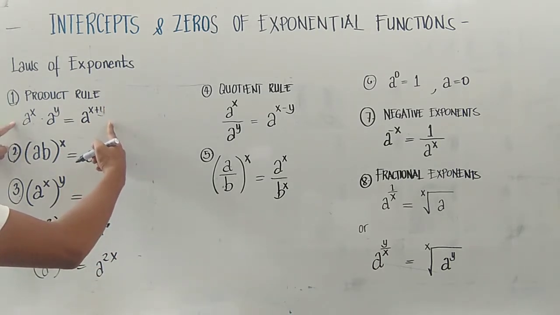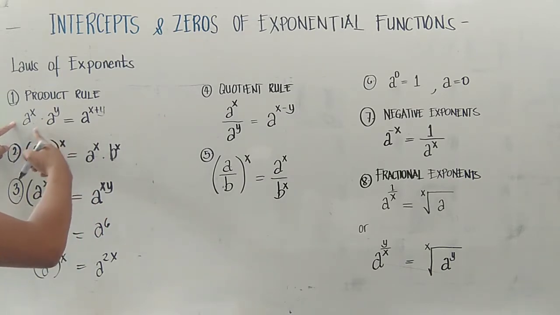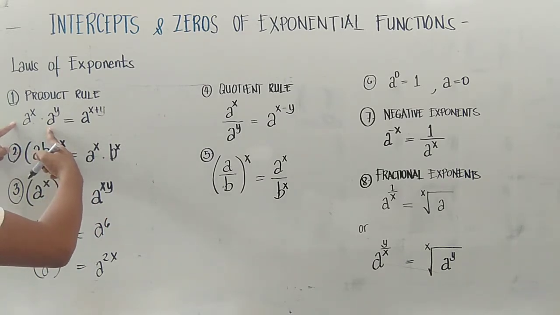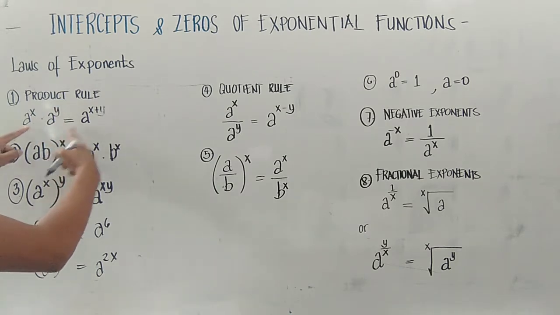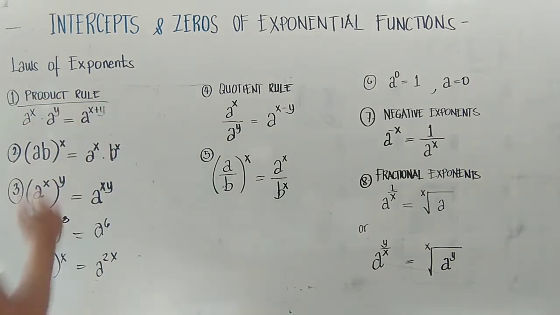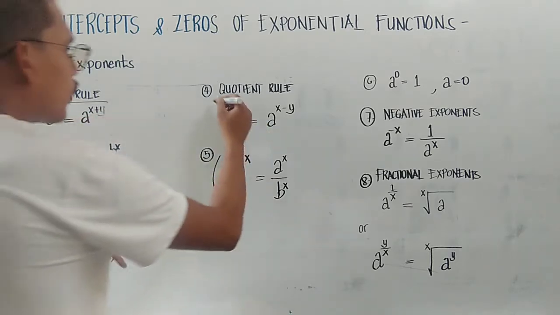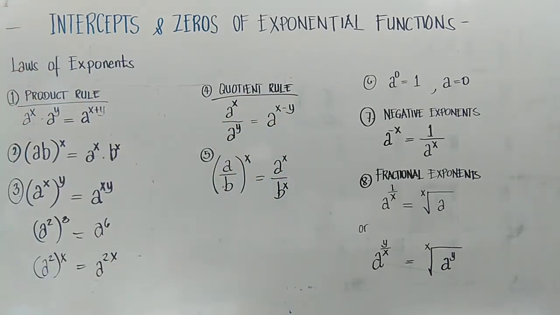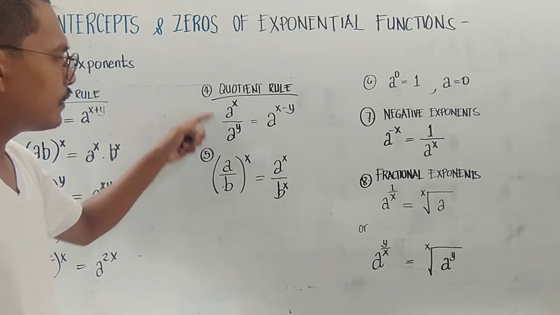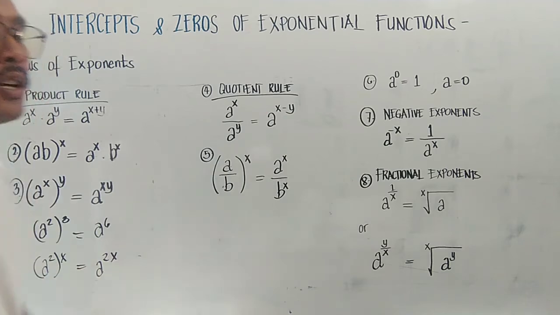In getting the product of quantities with the same bases but different exponents, we are adding the exponents if we are multiplying, and when we are dividing, we are subtracting the exponents.